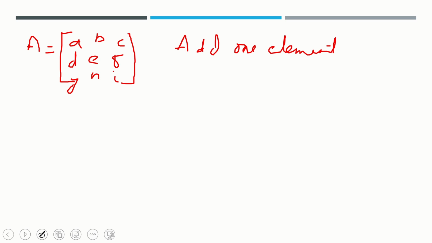This element is of any type. It may be a decimal, a fraction, an integer, or any real number.